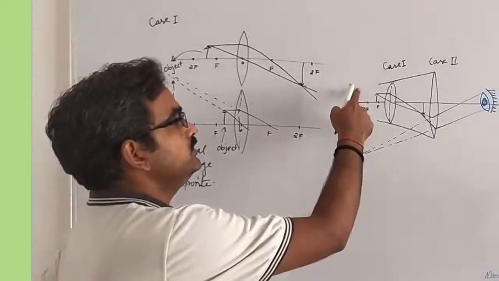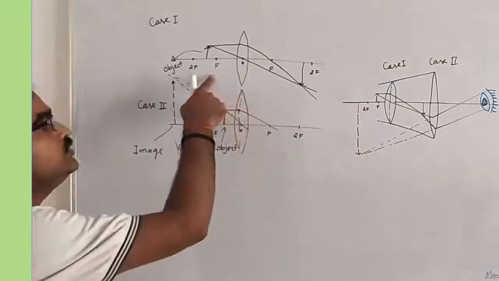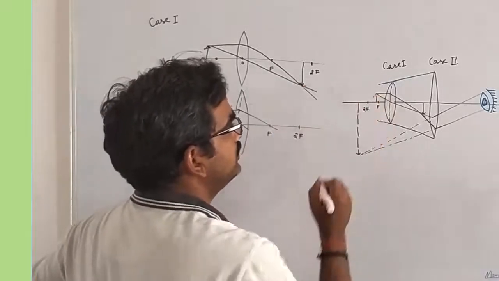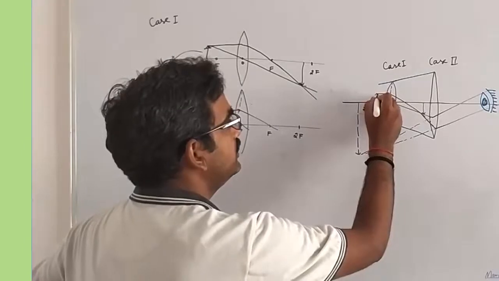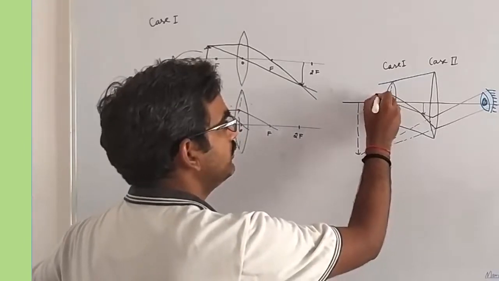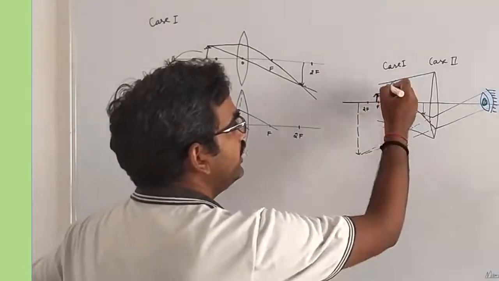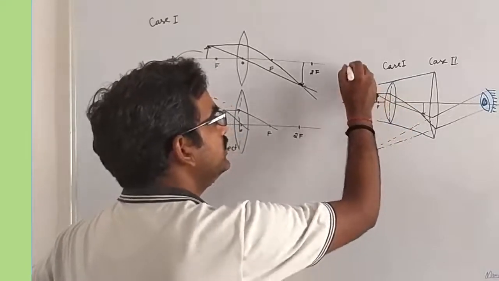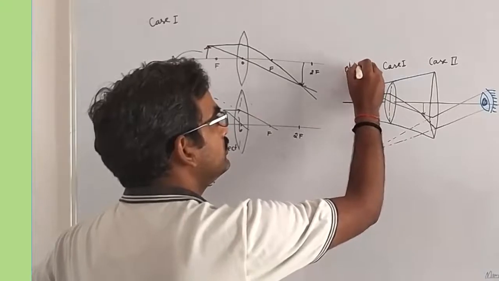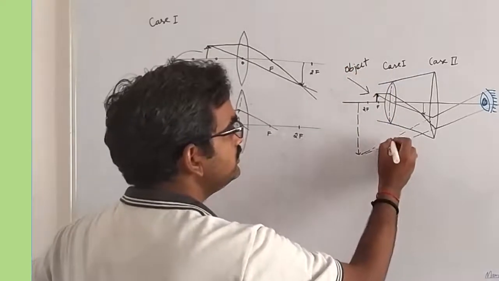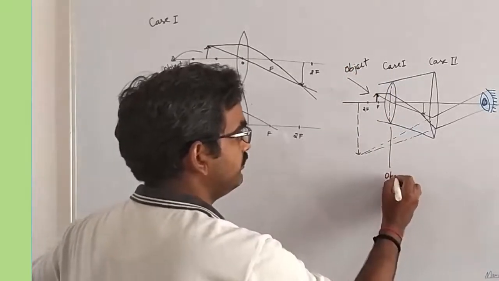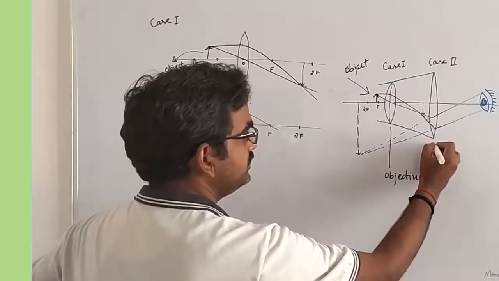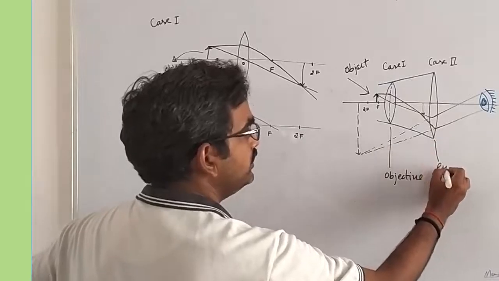Remember what Zacharias Janssen used. He took the first condition, and this is our object. The lens which is nearer to the object is called the objective, and this is the eyepiece, nearer to the eye.